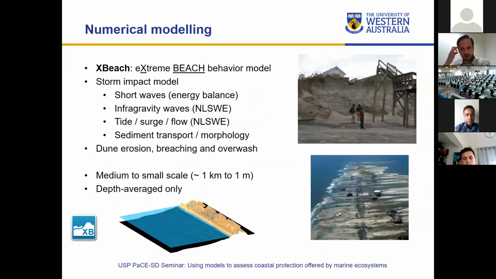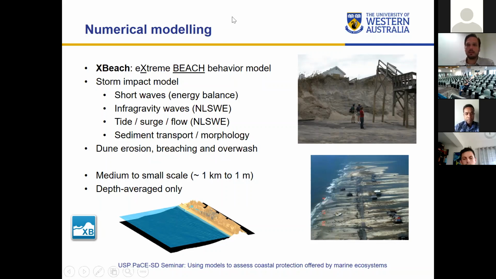So in the following, I'll talk a little bit about XBeach, because it's a model I've been working on myself quite a bit, and also Lenzi Muna from USP, or who used to be at USP, used it in his studies, particularly looking at how you can have vegetation in this model.